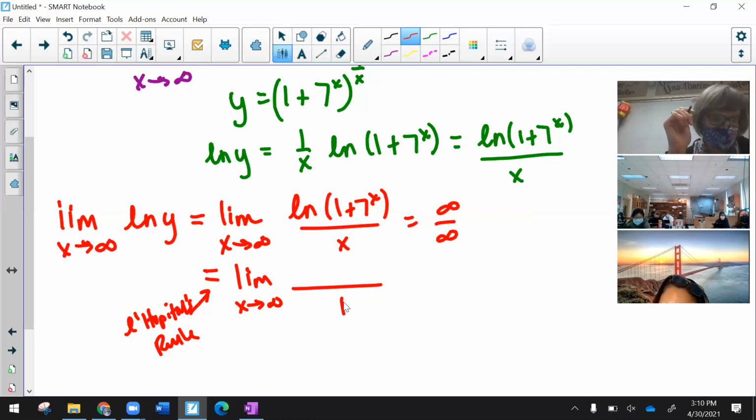The derivative of the numerator is a little more complicated, but I can do it. Whenever I take the derivative of the natural log, it's 1 over whatever I'm taking the natural log of. So it's 1 over (1 plus 7 to the x) times the derivative of 7 to the x, which is 7 to the x times the natural log of 7.